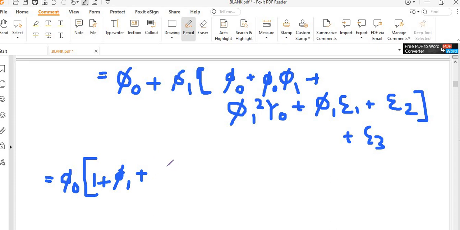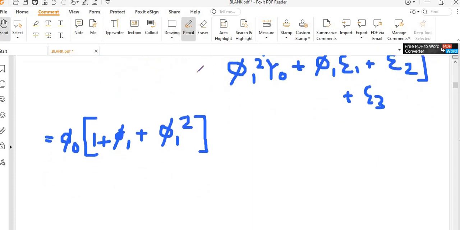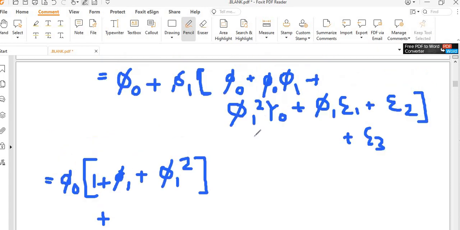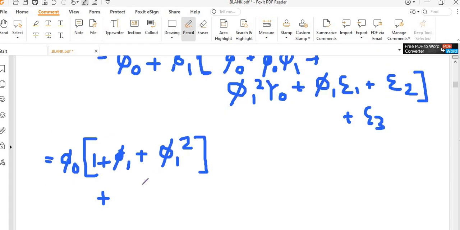We take this phi naught common, so we have phi 1 square here. That's one part of the term. Then you have this phi 1 cube y naught, because there's a phi 1 multiplied to that.